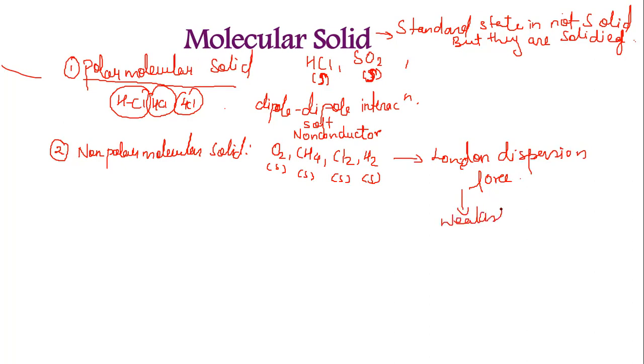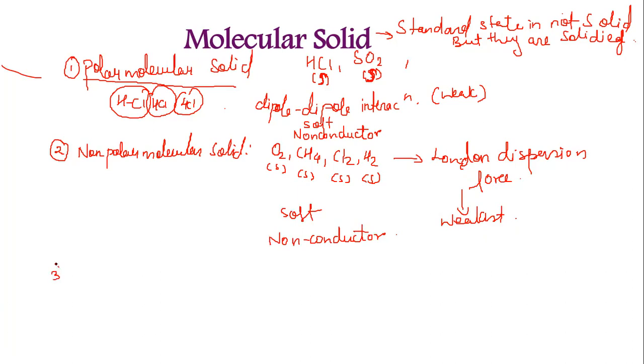So the interaction here is the weakest. Here it is weak, but in non-polar it is weakest. They are extremely soft. They don't conduct electricity. And melting point is lowest.